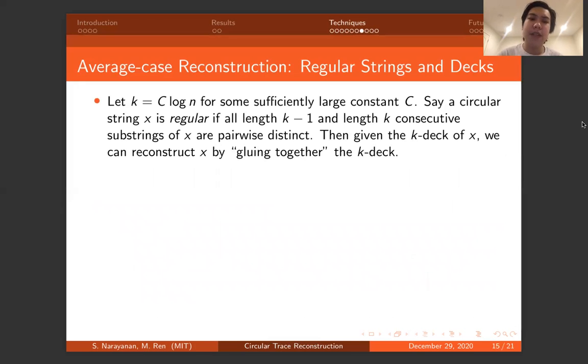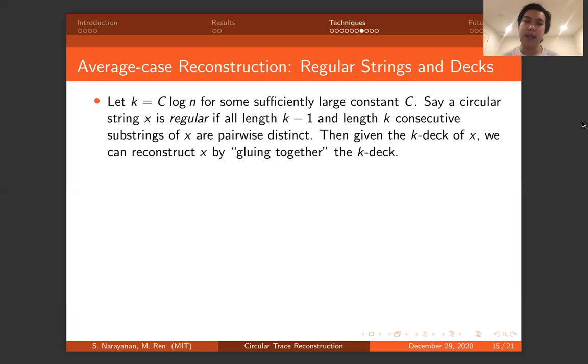A string is uniquely determined by its k-deck when all the elements in its k-deck are distinct. We say such strings are regular. So we require that all length k consecutive substrings and length k minus 1 consecutive substrings are pairwise distinct. Then once we have the k-deck, we can glue it back together into the original string x.